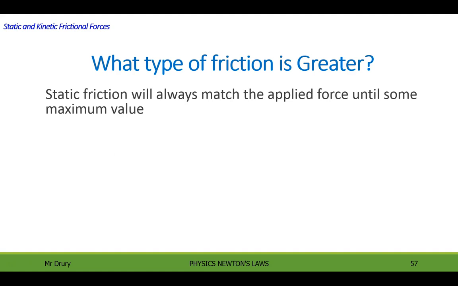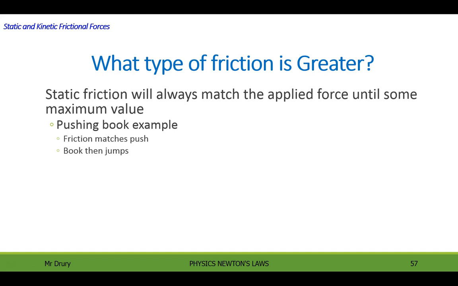An example I would like to try with you now is if you take a book and put it on your desk or the table, wherever you're watching this video, and gently, very, very gently push on the side of it. Don't cause it to move, but just gradually increase the pressure until all of a sudden it moves. If you do it correctly, you'll feel it almost match what you're pushing with, but all of a sudden it jumps.